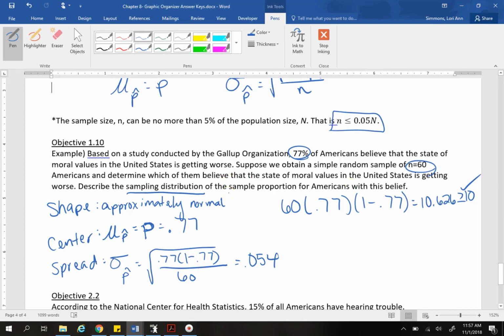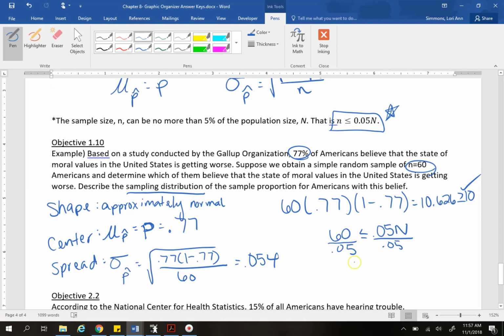Just as a side note, we just did the sampling distribution. Let's check the independence, so you can get an idea of what they're saying. Our sample size n was 60. It has to be less than or equal to 5% of your population size. This is a little hard to read, so I'm going to divide both sides by 0.05.